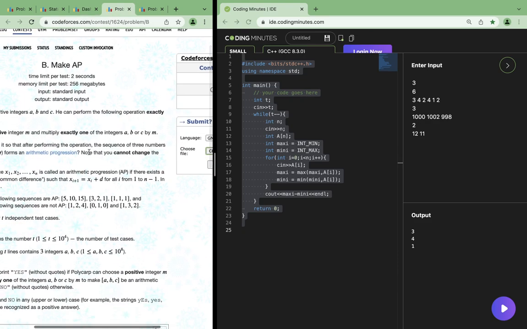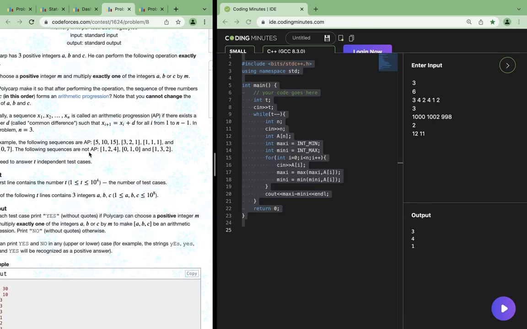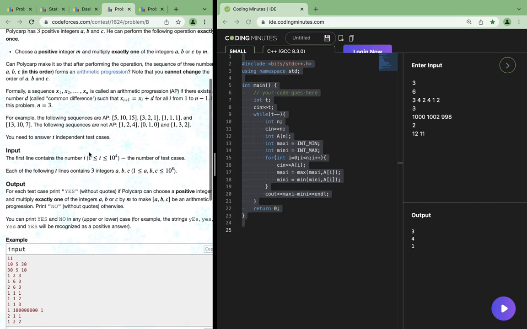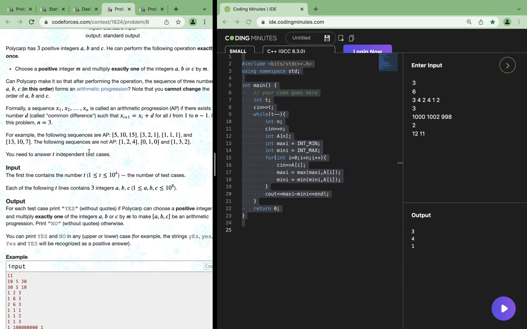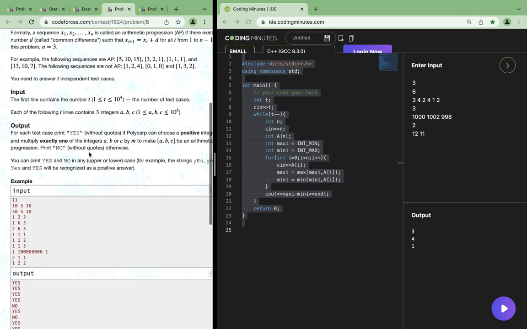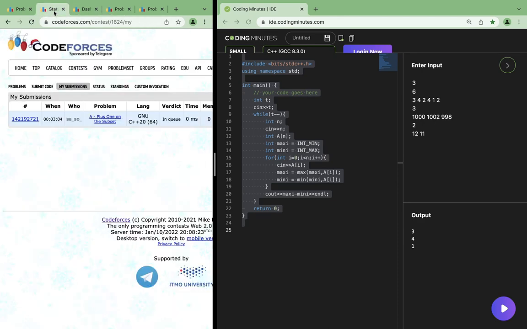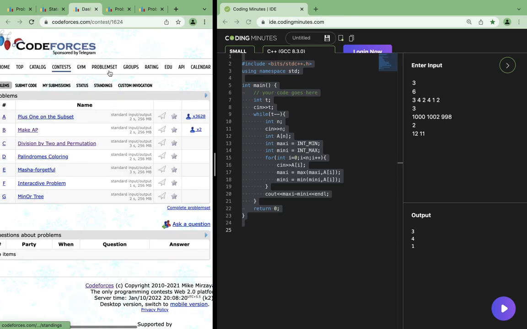Make AP. Three integers a, b, and c can perform the following operations exactly once. Okay, so this is correct.